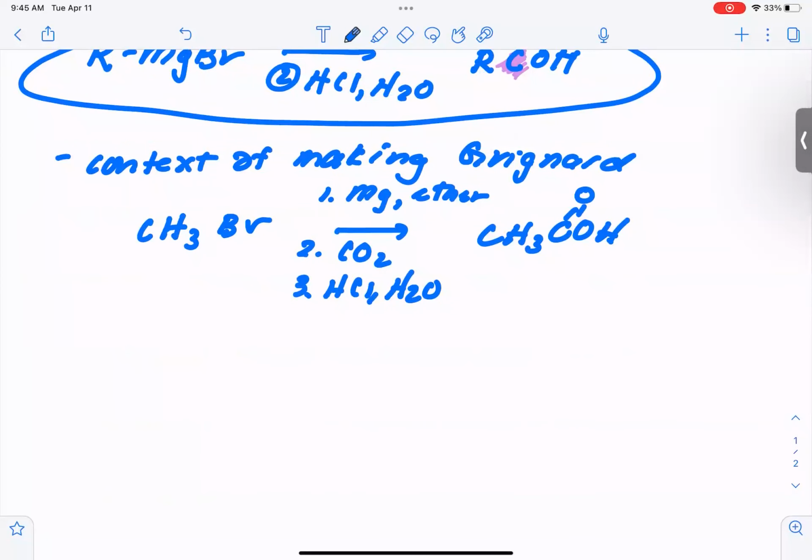So that was one. Another one that we did was with the esters, right? I showed you how to reduce an ester.